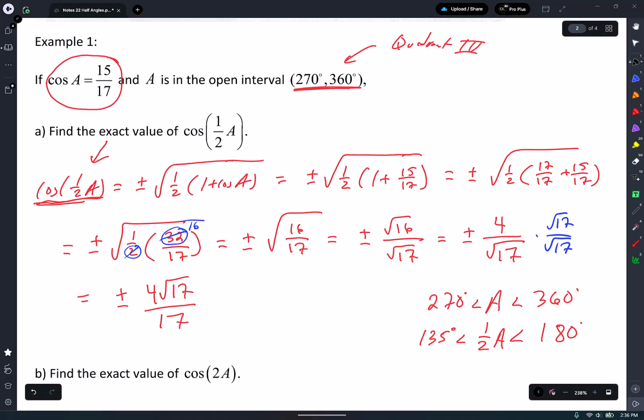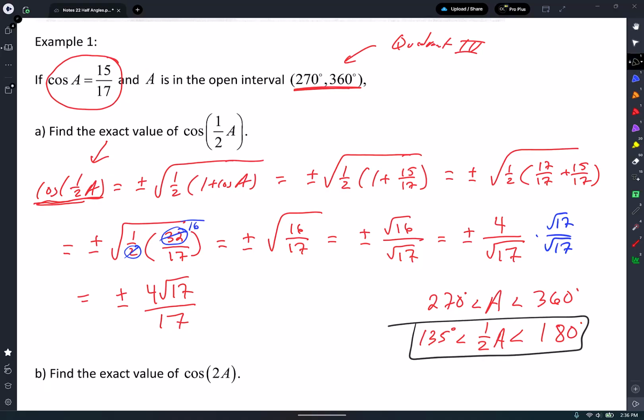This is what I'm focused on, guys. This one right here. So think about it. First, what quadrant is this in? 135 to 180. Yeah, it's quadrant 2. All of that is in quadrant 2. In quadrant 2, is cosine positive or negative? Negative. Circle the negative. For good notes, put it in there.